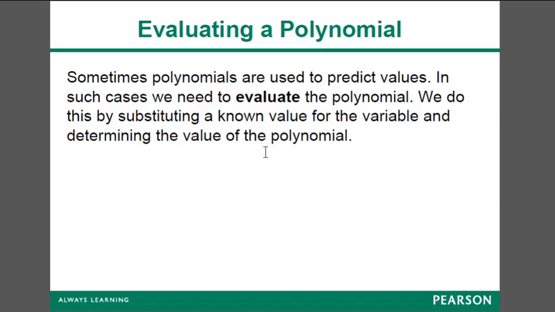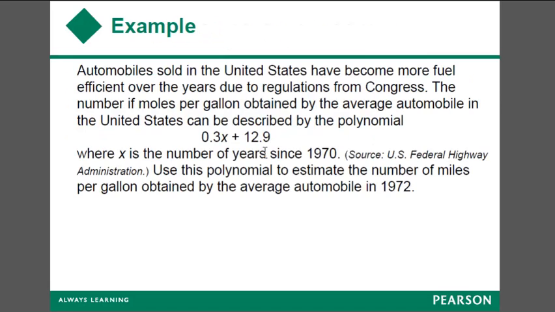If we want to evaluate a polynomial, which we want to do many times to predict values, we want to replace our unknown variable, such as our x or y, with the value that we are looking at. Automobiles sold in the United States have become more fuel efficient over the years due to regulations from Congress.